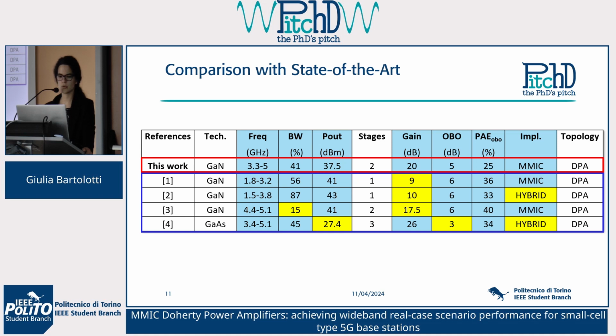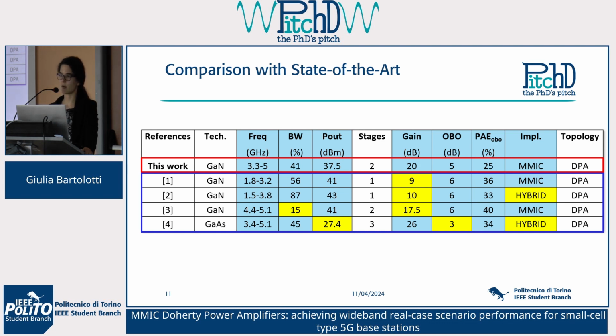Here I want to show you some comparison with the state-of-the-art designs. I want you to notice that even if our performance is not the best in each of the specifications, there is no actual circuit that is able to do that. The first and second rows are single-stage amplifiers.